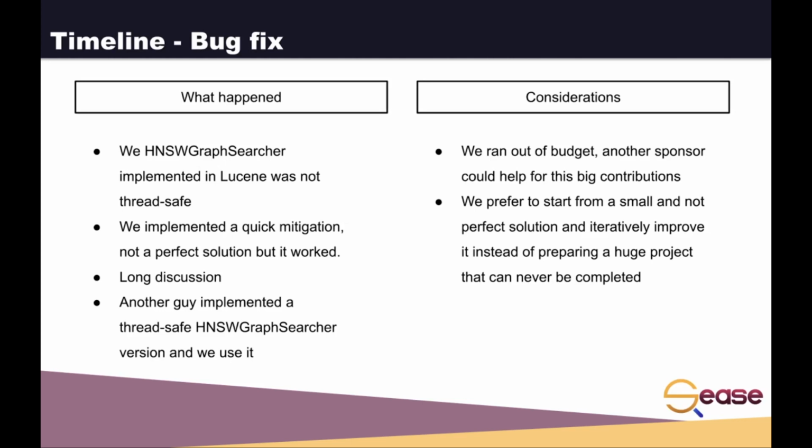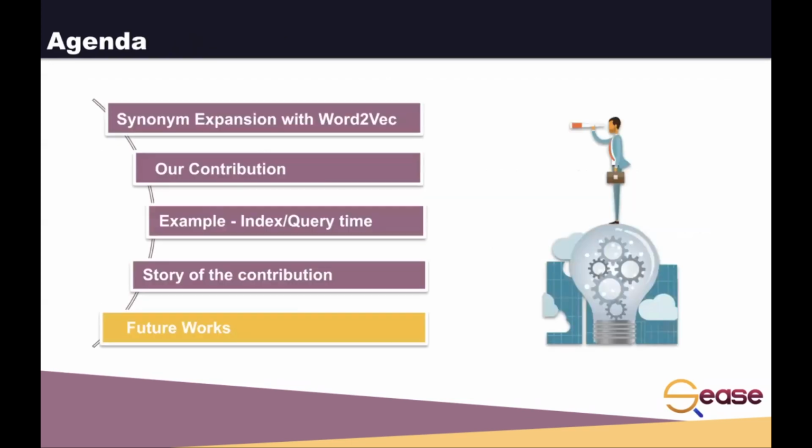We start small, with small things, and then we iterate over it to have the best as possible. By the way, afterwards the bug was fixed, and everything is running and is published in Lucene 9.7.